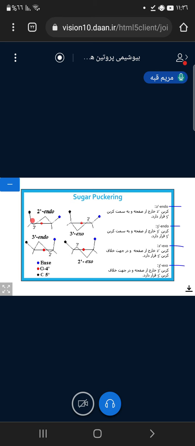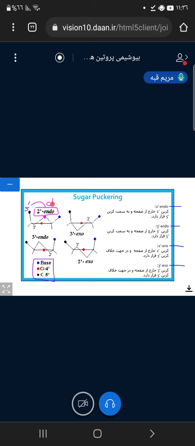نگاه کنین. این راهنماه. در راهنما میگه دایره مشکی 5 prime. The black circle is 5 prime. When carbon 2 prime is close to 5 prime, the conformation is called 2' endo.